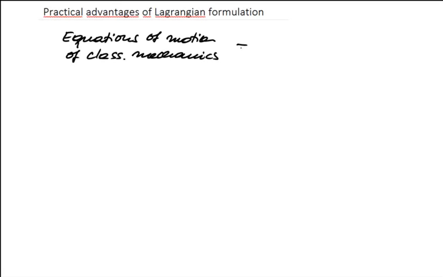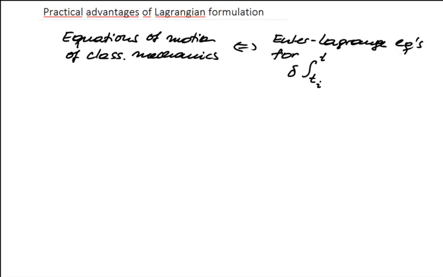What we've shown so far is that the equations of motion of classical mechanics are equivalent to the Euler-Lagrange equations that are associated with the extremization condition that the functional, the integral from Ti to Tf dt of the Lagrangian, is extremal, so the variation of that functional is 0.